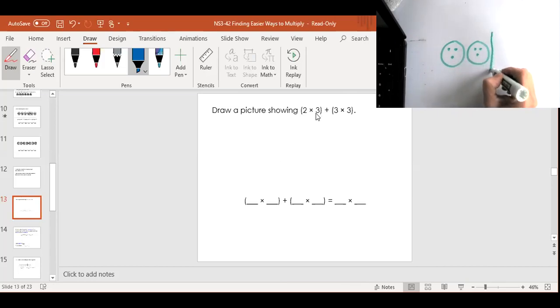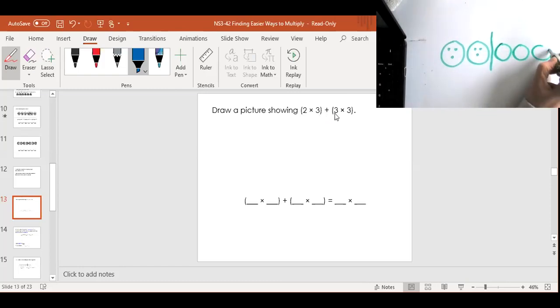And then I'm making a line because the plus means it's like a line. Then I need 3 more groups. 1, 2, 3. They're a bit smaller. And I'm still going to have 3 things in each of my groups. So I just drew this picture: 2 groups of 3 plus 3 groups of 3.